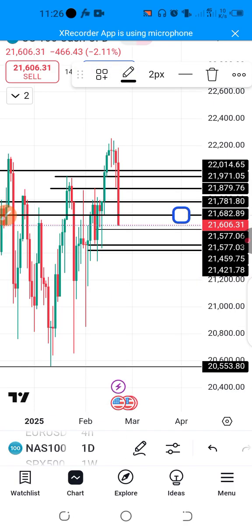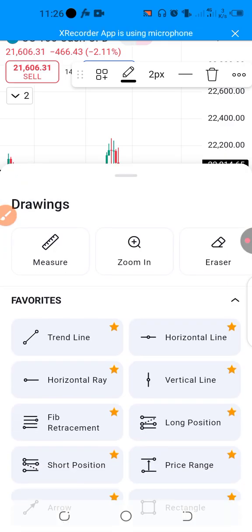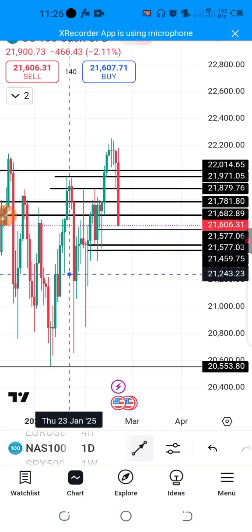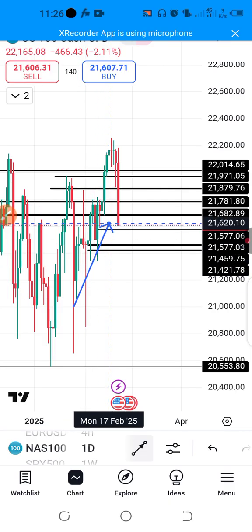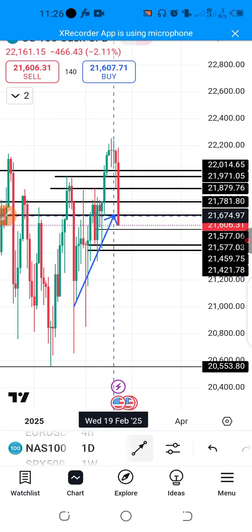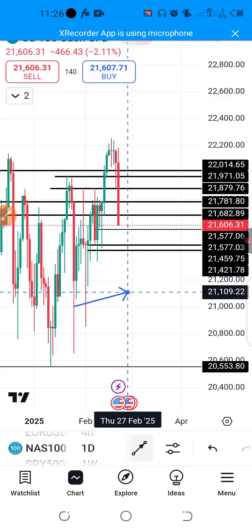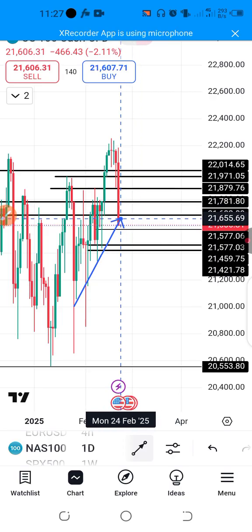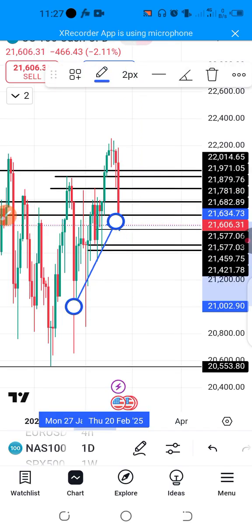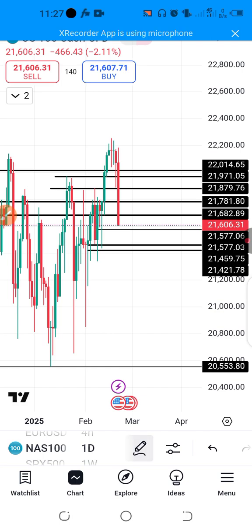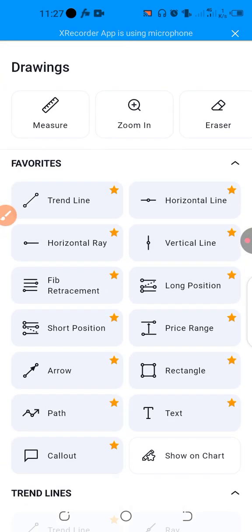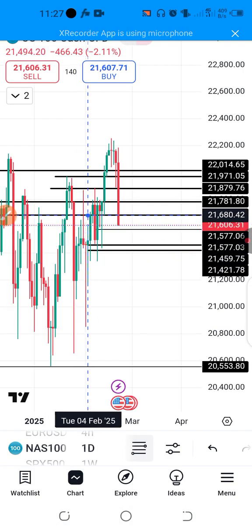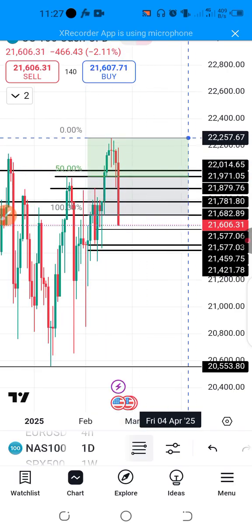That is 2 places it can hit for price to continue. So it can hit this and reject to the downside. It can also hit this level, and of course, if I measure this now, you can see, let's check something here.